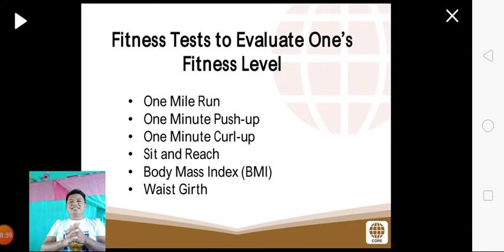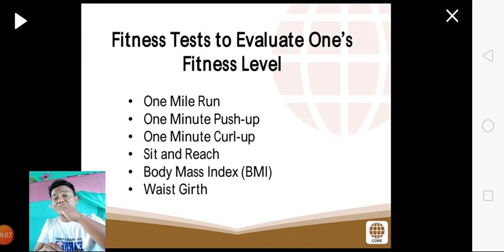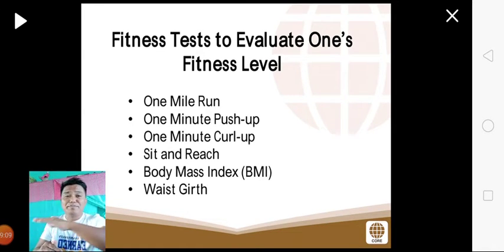Next, fitness tests to evaluate one's fitness level. Again, I already gave instructions for this activity. The tests are the 1 mile run, 1 minute push-up, 1 minute curl-ups, sit and reach, and body mass index, or BMI.